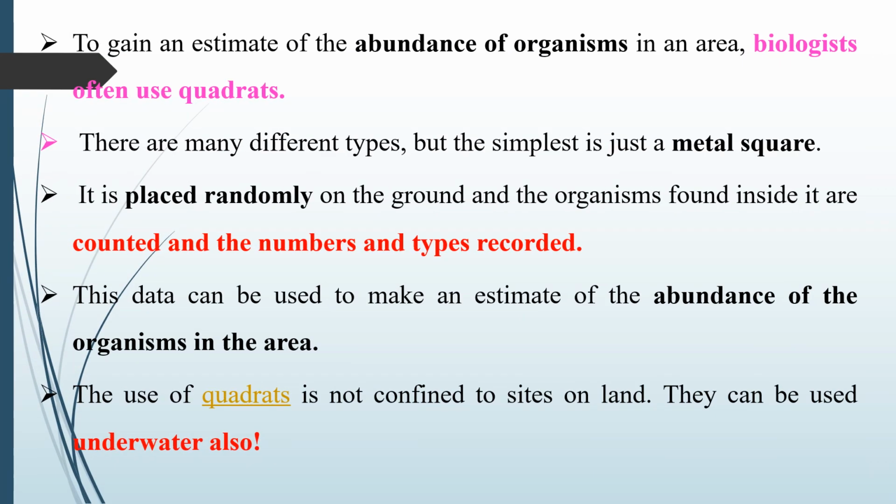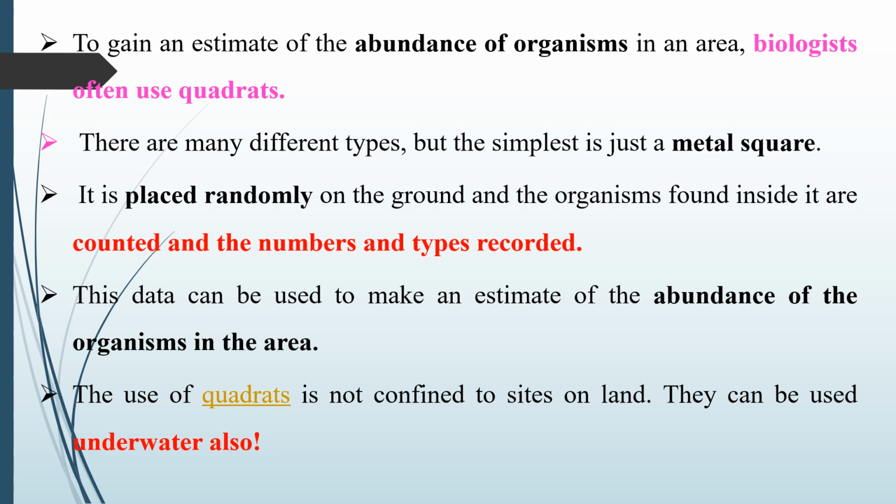To estimate the abundance of organisms in an area, biologists use quadrats. So abundance yookaan baay'ina lubbu qabeeyyii naannoo tokko keessa jiraatan ilaaluudhaaf biologistiin maal fayyadama? Quadrats fayyadamaa jechuudha. There are many different types of quadrats, but the simplest is just a metal square quadrat.